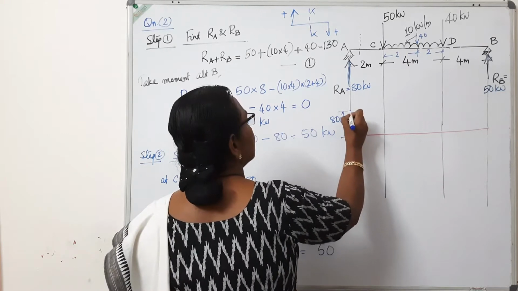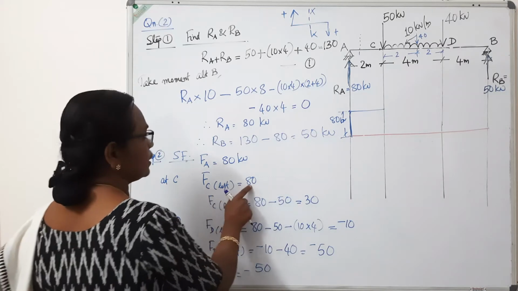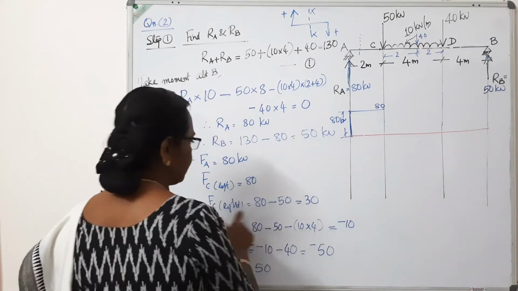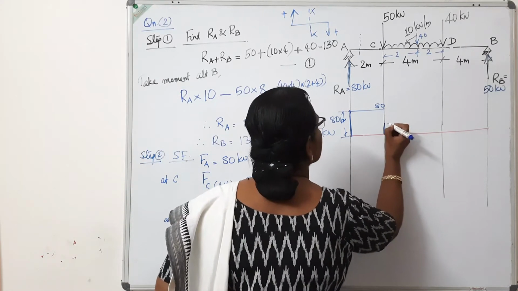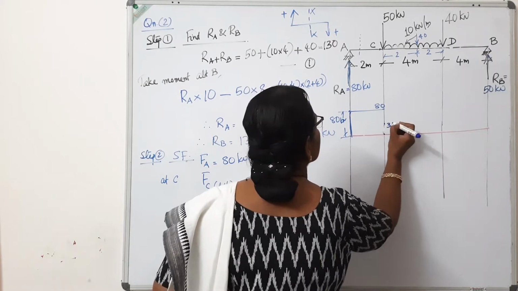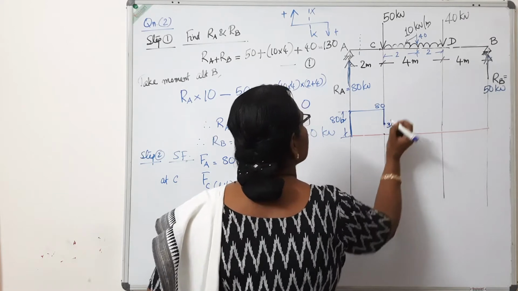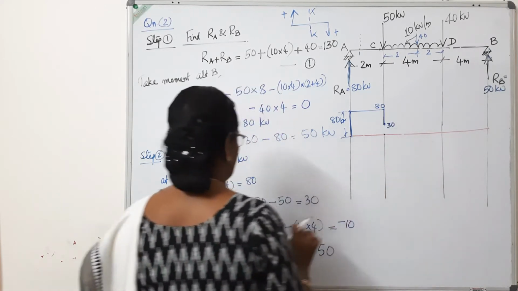Then at the point C, FC left 80, so this is also 80. FC right 30. So from here you mark 30. Mark the point at 30. Connect it. From baseline you mark 30, connect it.